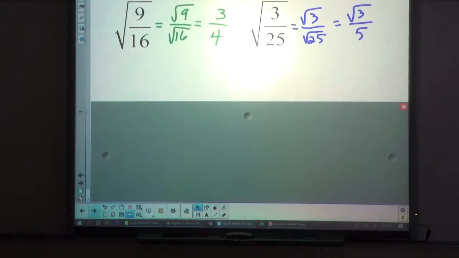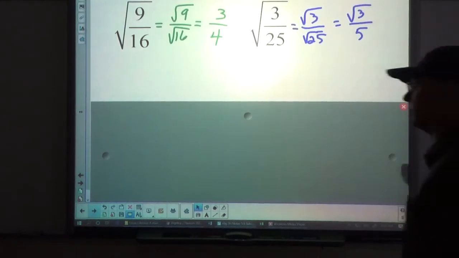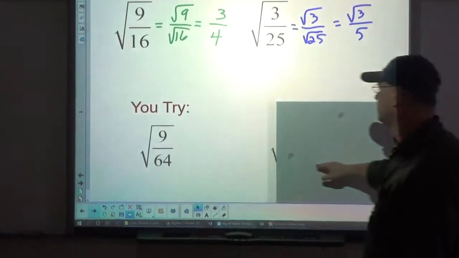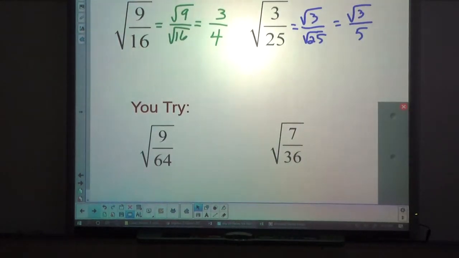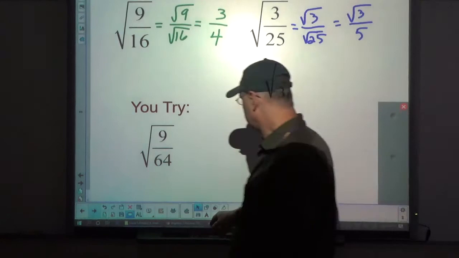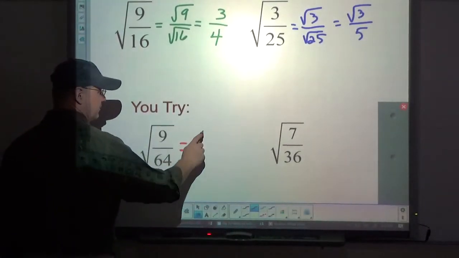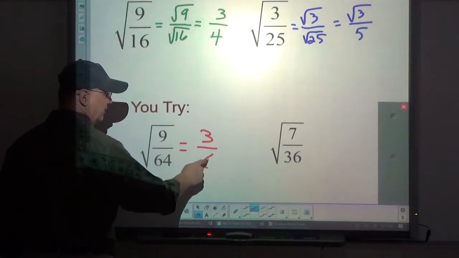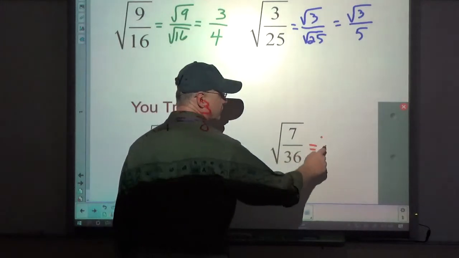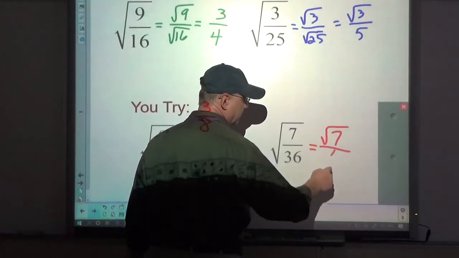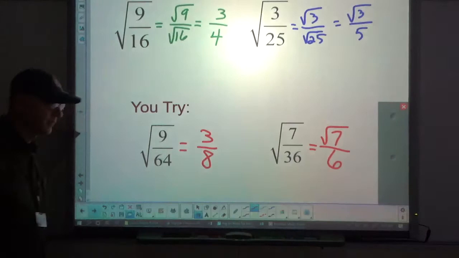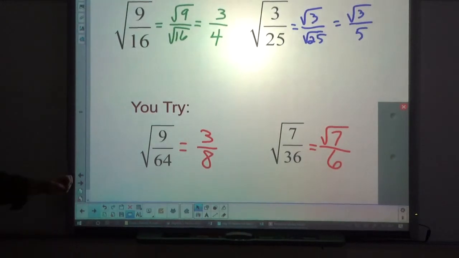You can't have a square root in the denominator, but you can have one in the numerator. Give these two a try. So your answer here should be 3 over 8. And here, square root of 7 over the number 6. And there you have it.